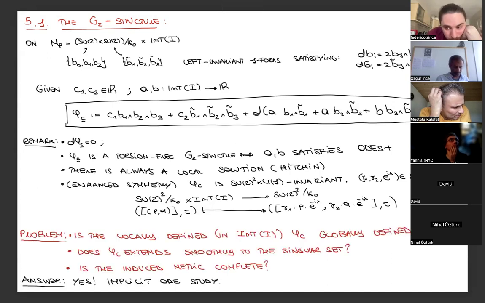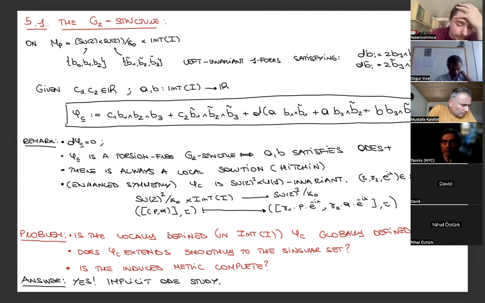So the problem to define a global G2 structure in this way is whether this local solution extends to a global solution. The answer to the question is yes, and this is done by an implicit ODE study and the singular initial value problem.